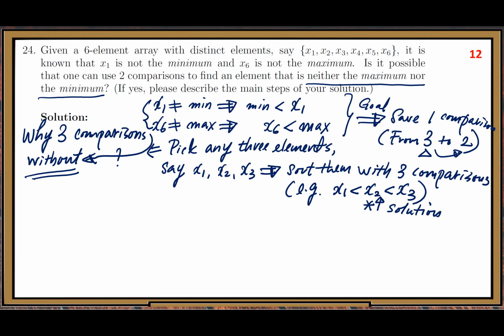How to reduce? You have to use the given information as much as possible. Otherwise, you waste the valuable known information. So you pick x2 to get it started.